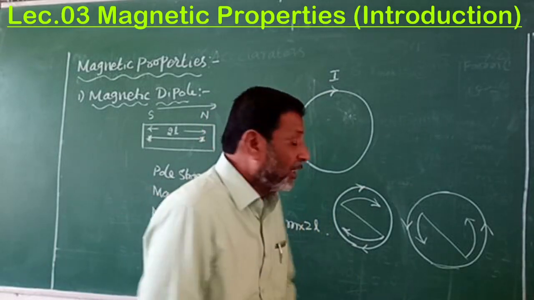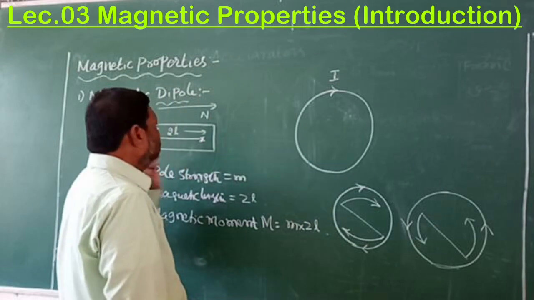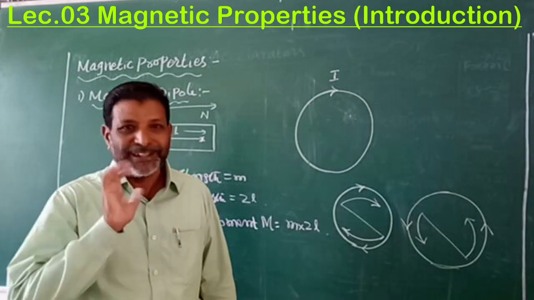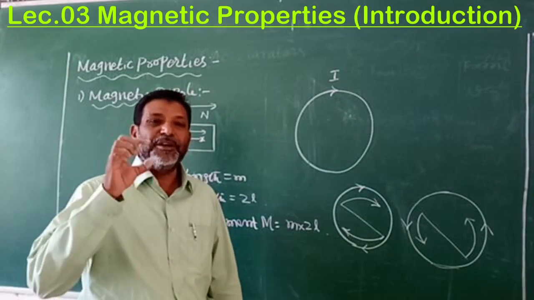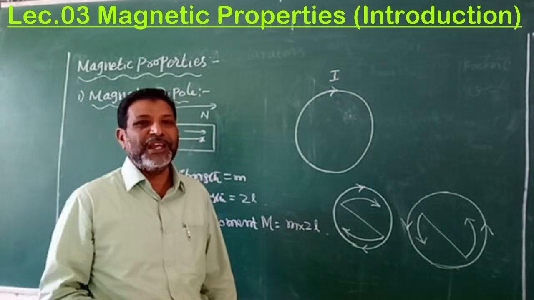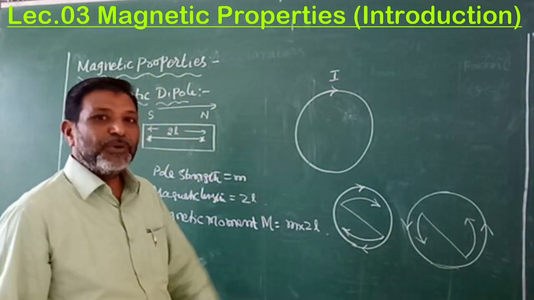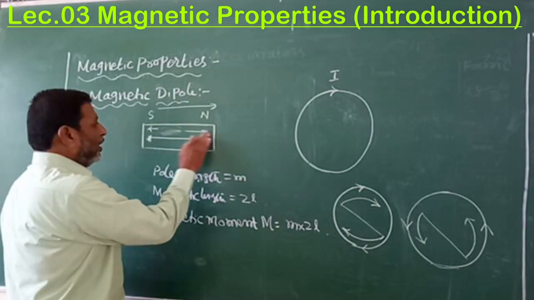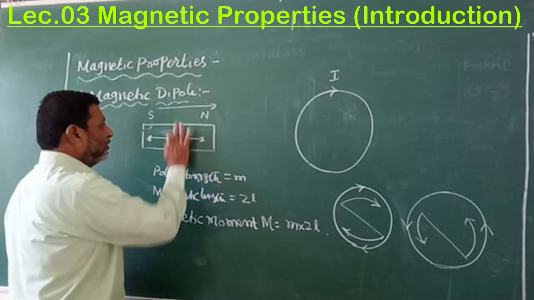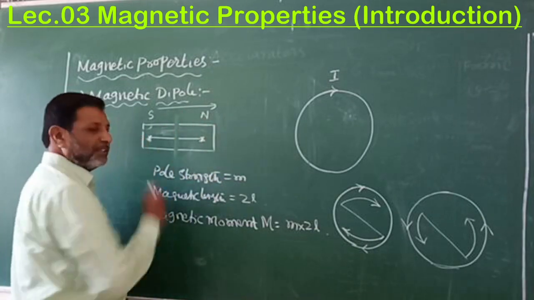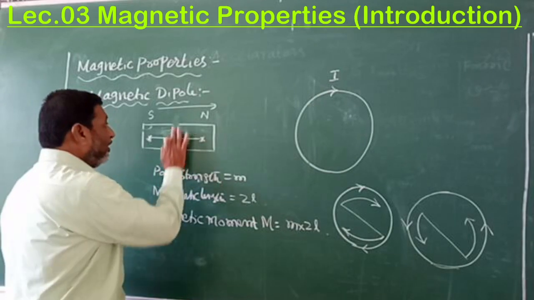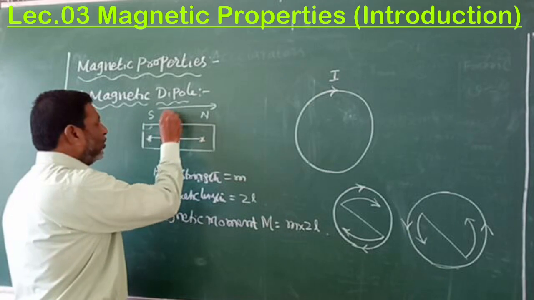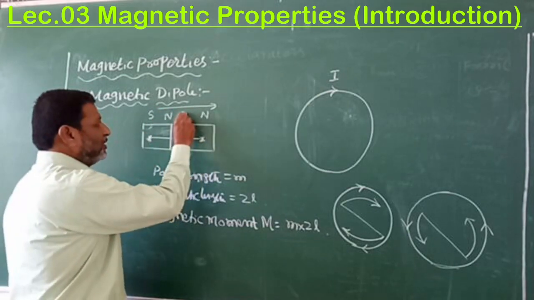In magnetism, no doubt you have the north pole and south pole, but if you want an independent north pole or south pole, you never get it. Magnetic poles exist in pairs only. Suppose you think of a bar magnet with north pole and south pole. If I divide this into two parts, will you get a separate north pole and south pole? No. Even if you break it, if this end is south then immediately a north pole is created here, and if this is north then south.